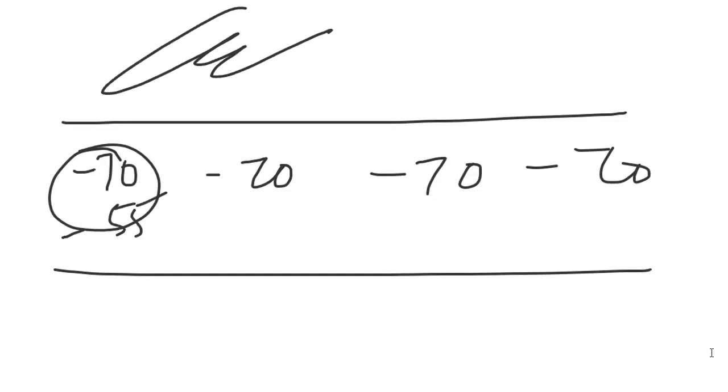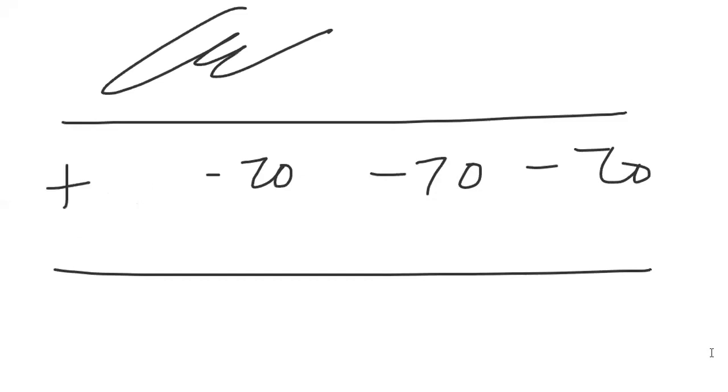Then this minus 55 reached plus 45. How? Because of the influx of sodium ions.